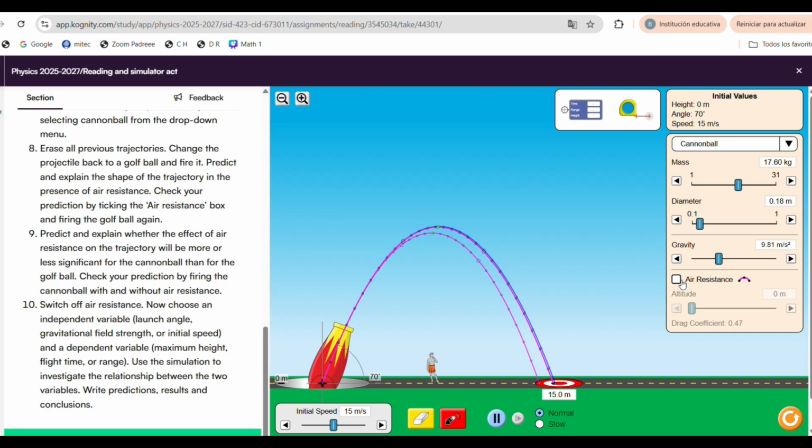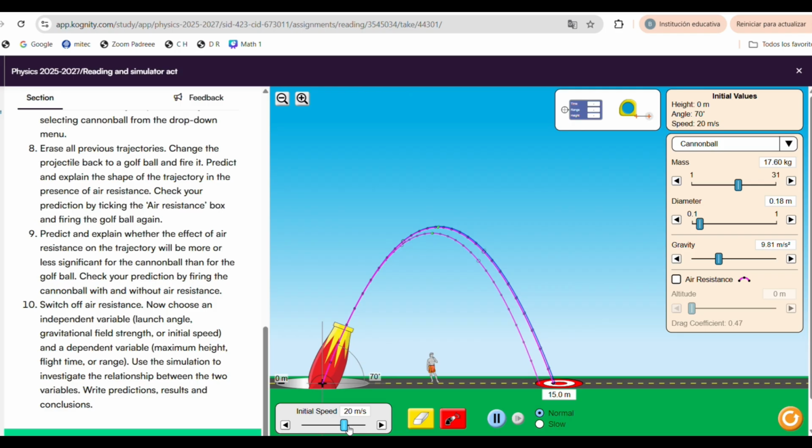To finally conclude and summarize everything we did, through the kinetic equations we know, we were able to find the time, the highest point that the ball reaches, and the range of the parabola it makes. And we did get the right values.